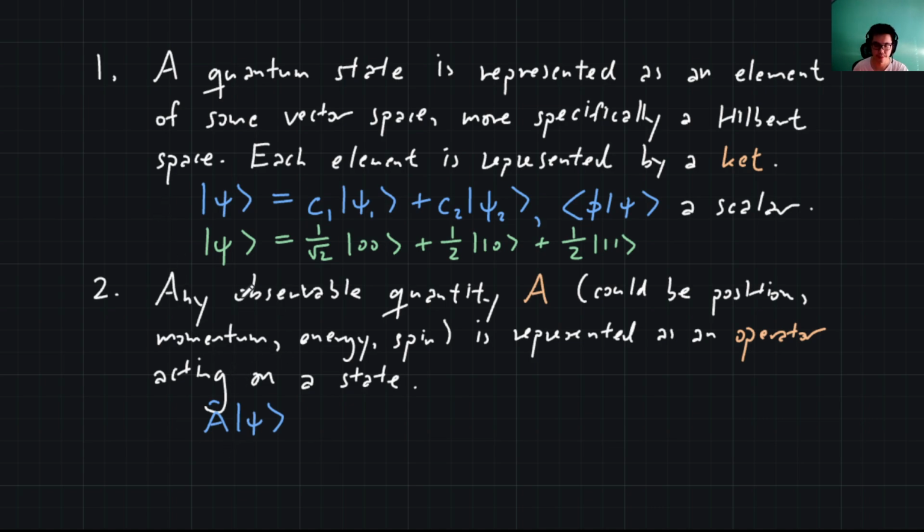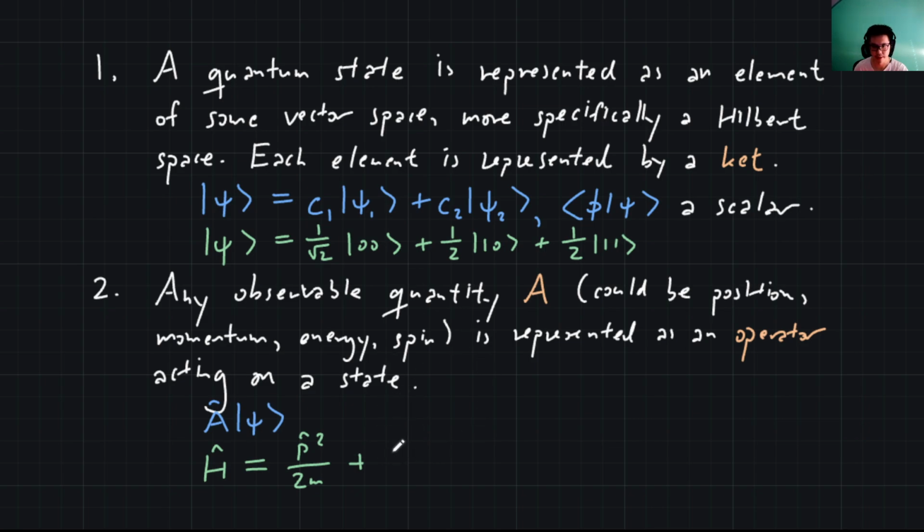Then we have an example called H, the Hamiltonian, which could mean p squared over twice the mass, plus V of x.